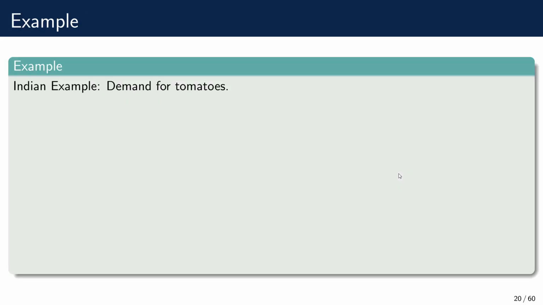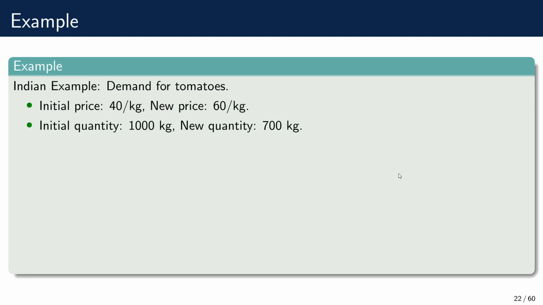Let's say demand for tomatoes. The initial price was 40 rupees per kg, and the new price is 60 rupees per kg. With the initial price of 40 rupees per kg, we used to sell 1000 kgs. After we changed the price to 60 rupees per kg, the new quantity is 700 kg. So what will be the elasticity?